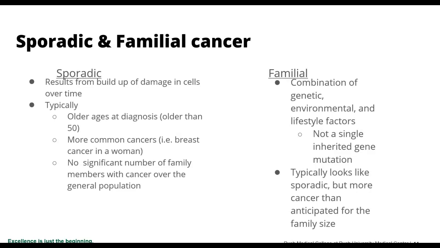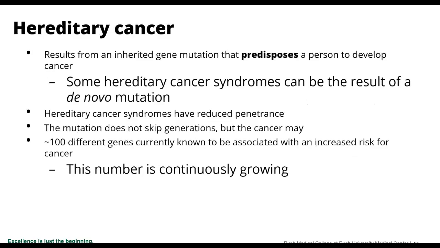They're more common cancers, such as breast cancer in women. And there's no significant number of family members over the general population that are affected. Familial is a combination of genetic and environmental factors, maybe lifestyle, not a single inherited gene mutation. And it kind of looks sporadic, but we see more than we would expect in that family size.